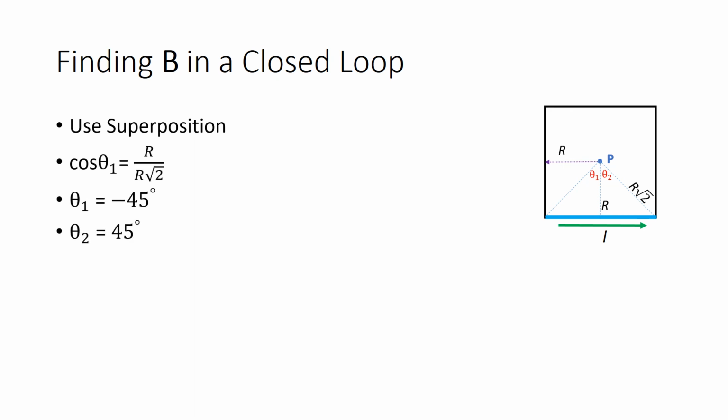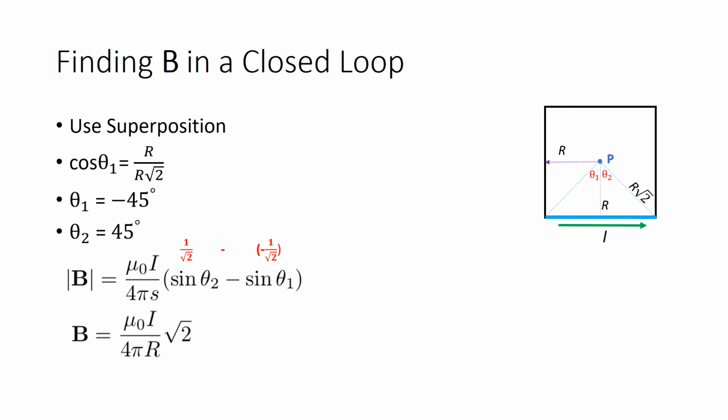We calculate the magnitude of the magnetic field using the expression that we saw earlier, and we find that the magnetic field B due to the bottom segment of wire is mu naught I over 4 pi R, all times the square root of 2. And the direction of B at the field point P, according to the right-hand rule, is coming out of the page.